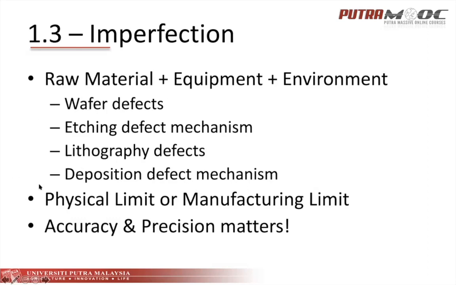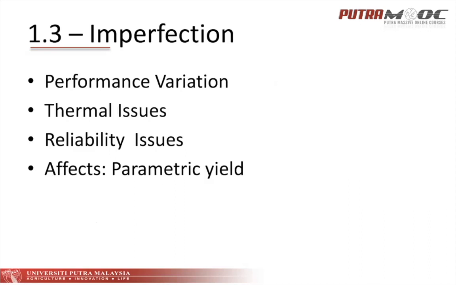So all in all, accuracy and precision are very important in fabricating the transistors in the manufacturing process. So this imperfection could introduce performance variation. This is very obvious. Performance variation is the biggest enemy of the circuit designers, right?